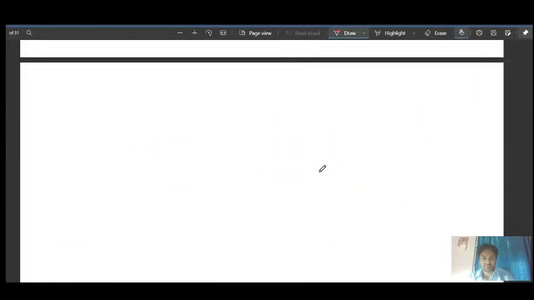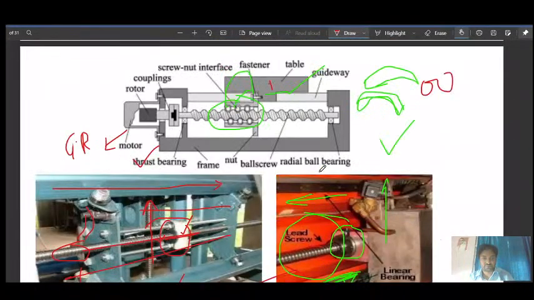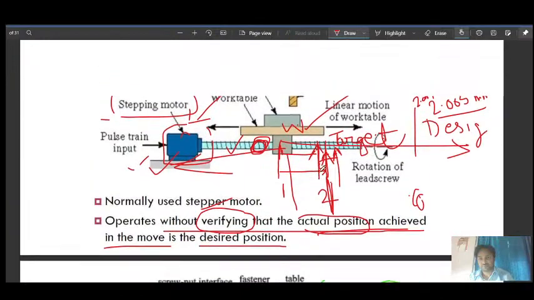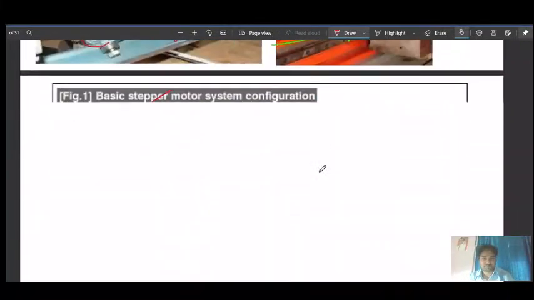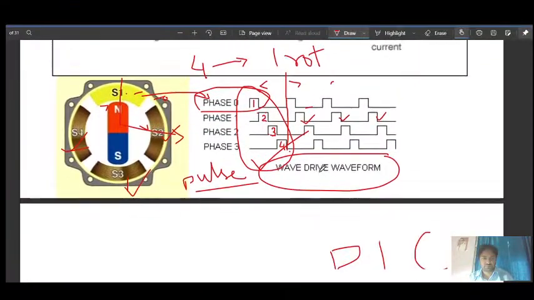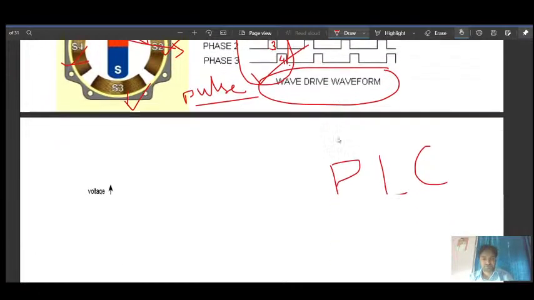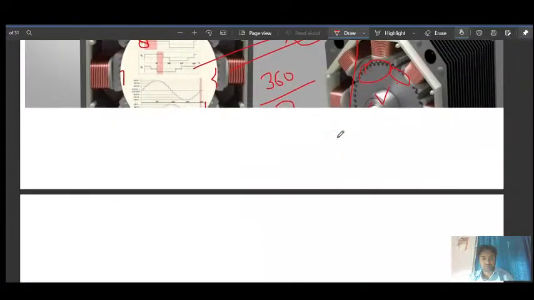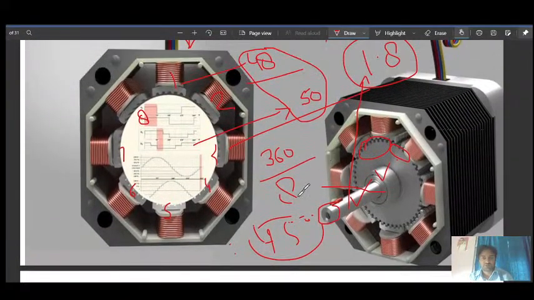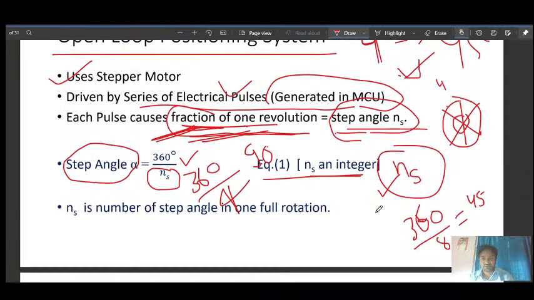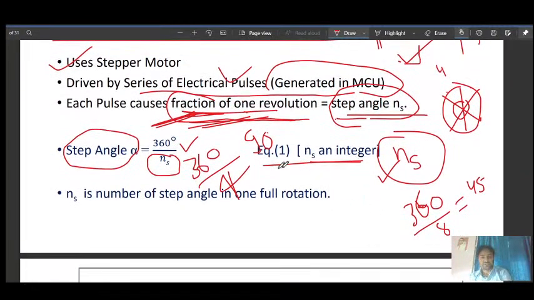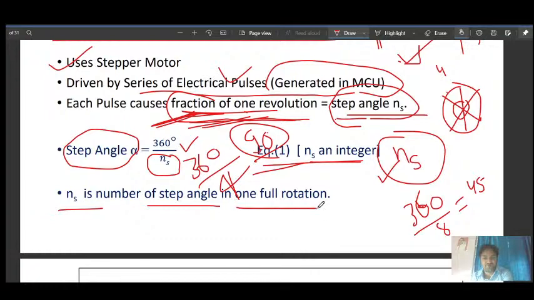Let me check. No, yes, I was right. 4 steps, 90 degree. Yes, correct. So when there are 4 steps, we get a 90 degree step angle, and ns is the number of step angles in one full rotation. So we already have the number of step angles.